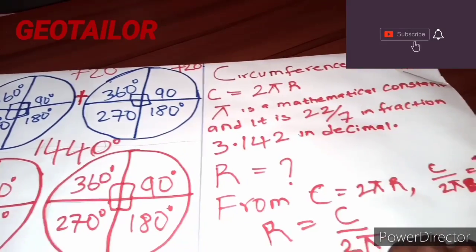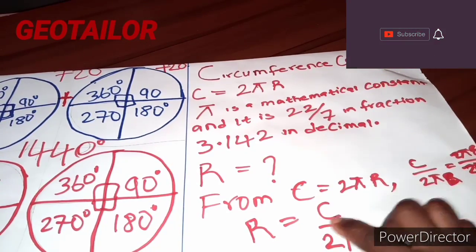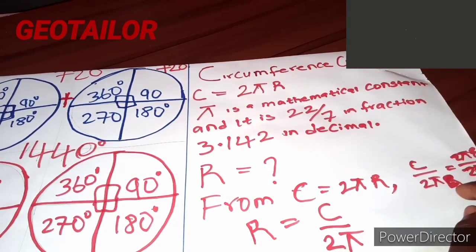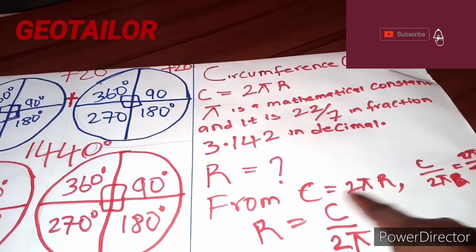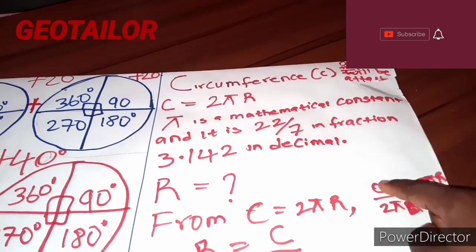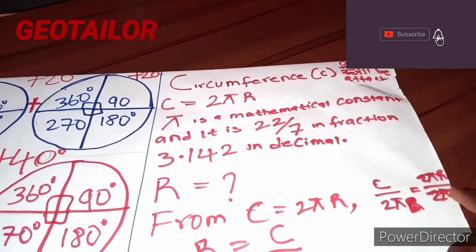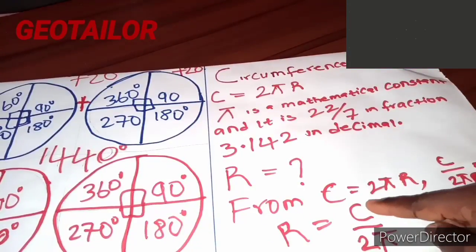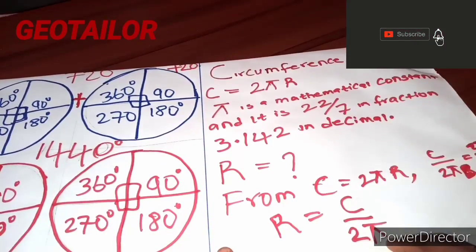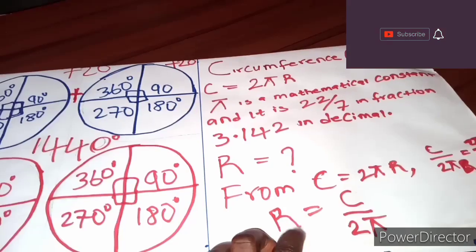We know that our C is 2 pi r. We can easily divide through by 2 pi to get our r. If you divide C over 2 pi and 2 pi r over 2 pi, you cancel through your r. Your r will now be equal to C over 2 pi. So this is the formula for your radius.